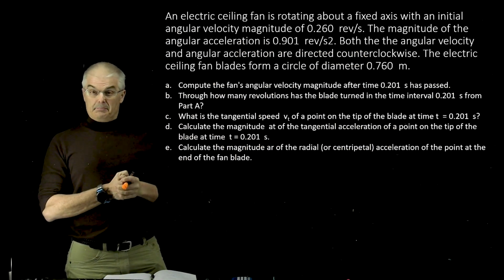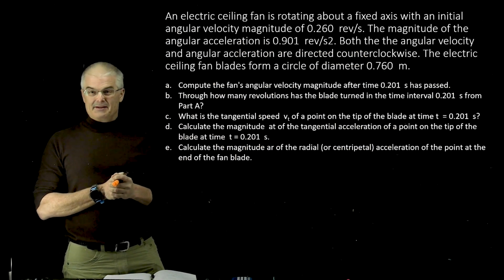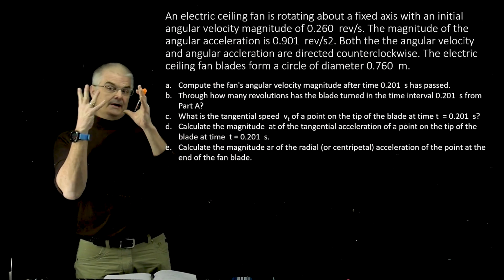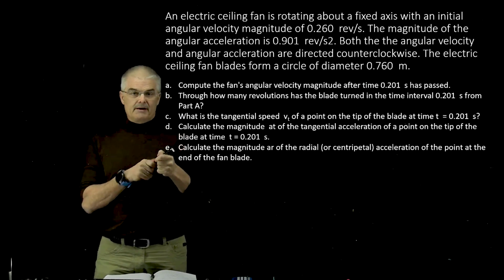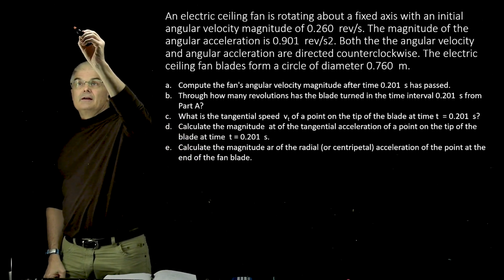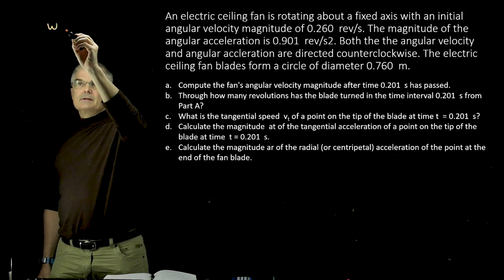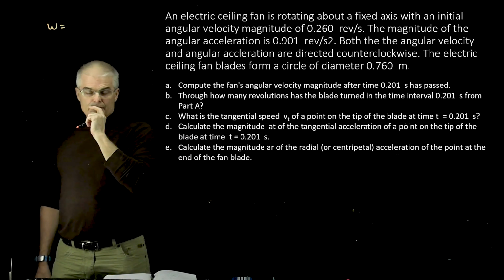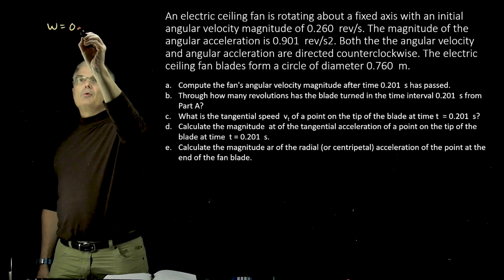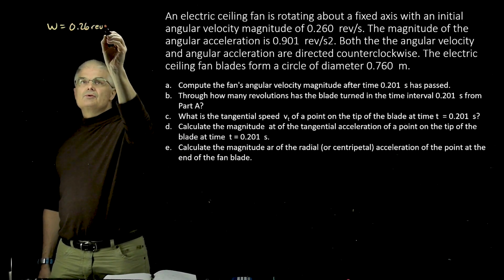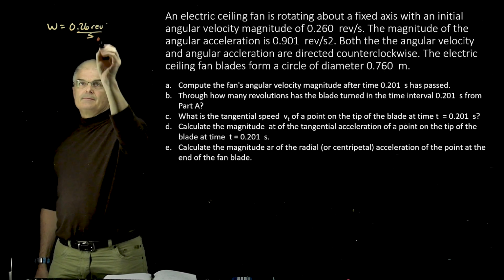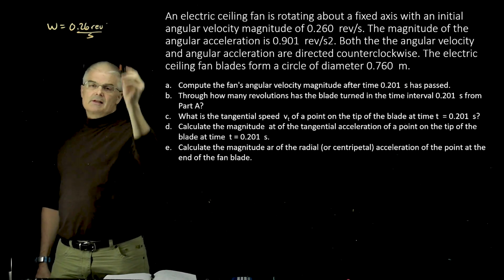So here's a big, fat, hairy problem that we're going to attempt to solve. We've got an electric ceiling fan rotating about a fixed axis. We know the original w is 0.26 revolutions per second. Notice I don't put it slashy seconds.